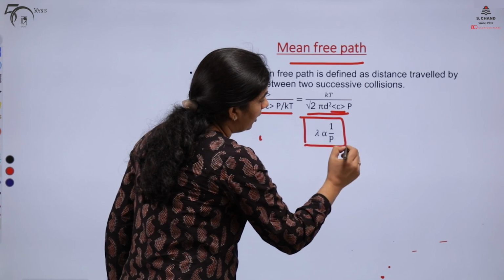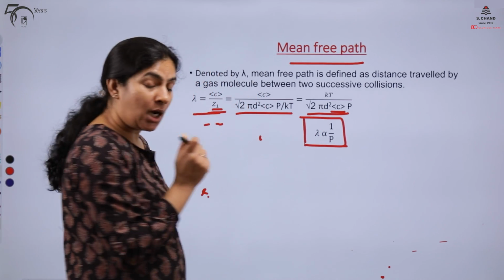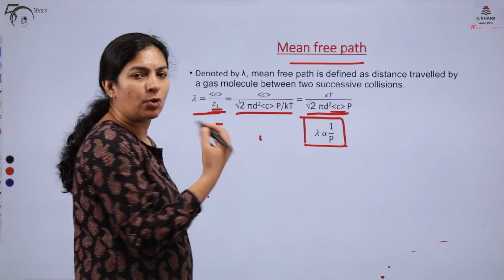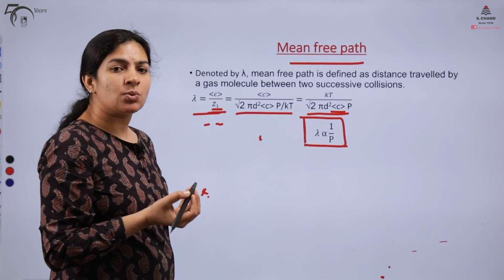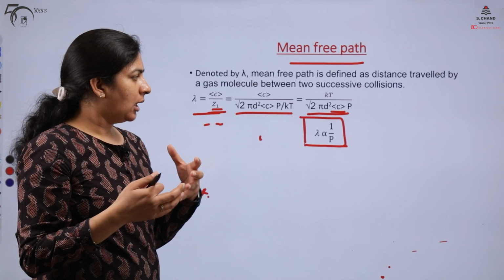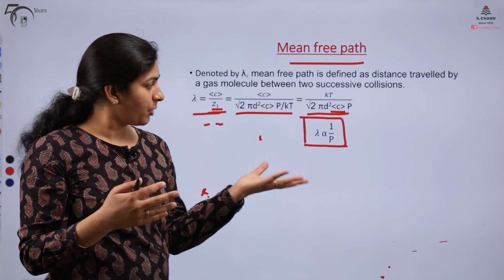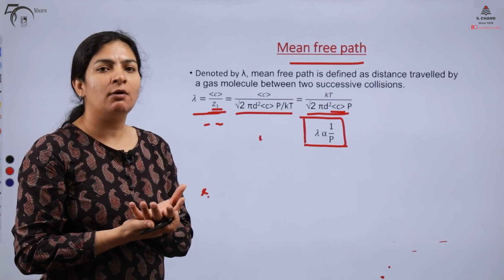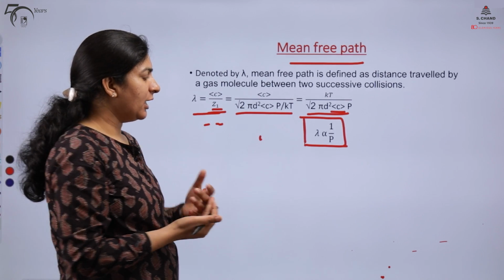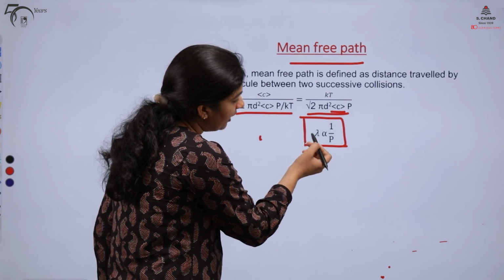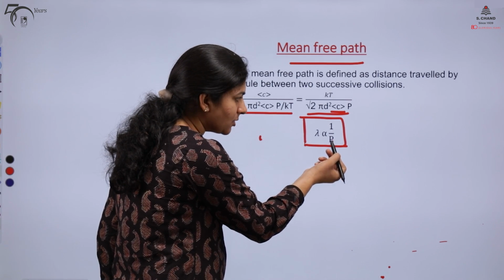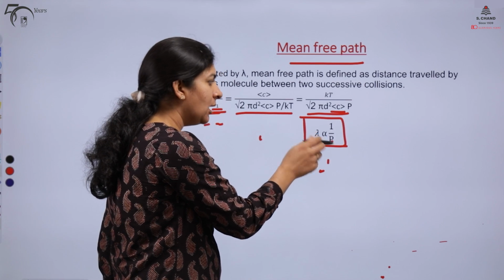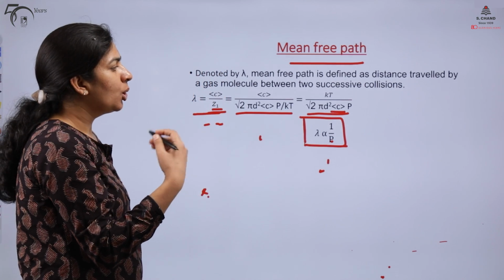The conclusion we derive here is that mean free path is inversely proportional to pressure, which has practical applications, such as how to create a good vacuum. If the pressure is small, mean free path is large. If the pressure is high, mean free path is low.